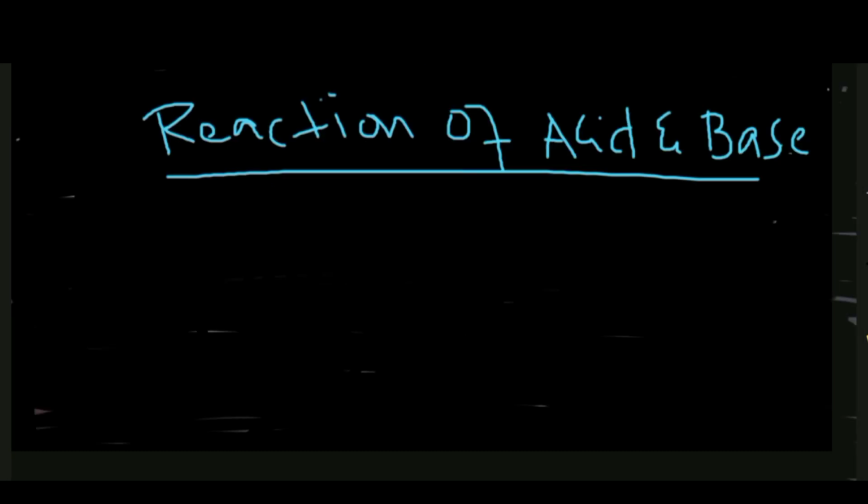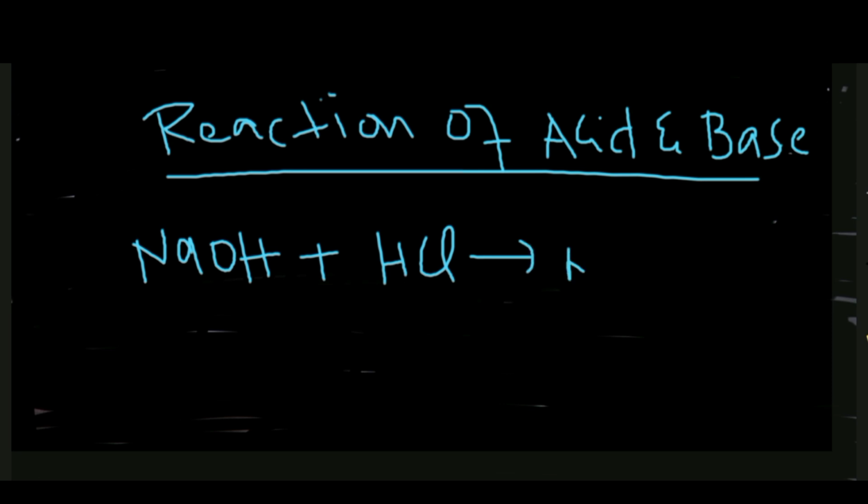Reaction of acid and base. The reaction of an acid with a base is always a neutralization reaction and produces salt. For example, we have a base, sodium hydroxide. When it is mixed with HCl, both a strong base and a strong acid, it will produce sodium chloride, which is a salt, and water.